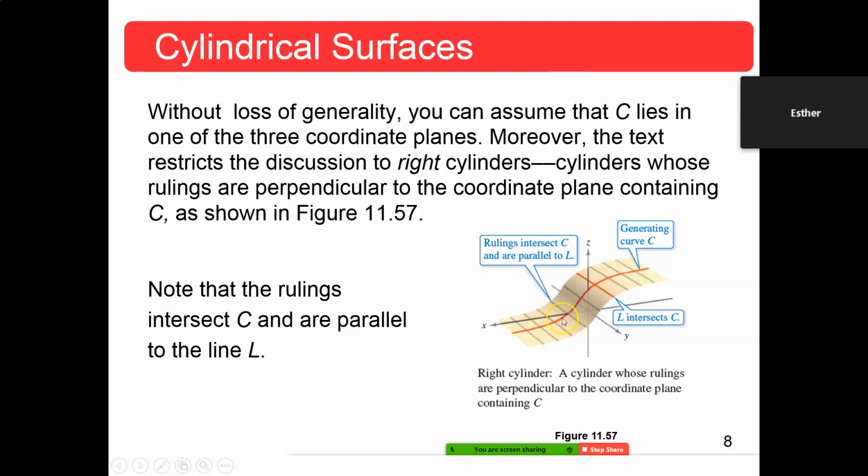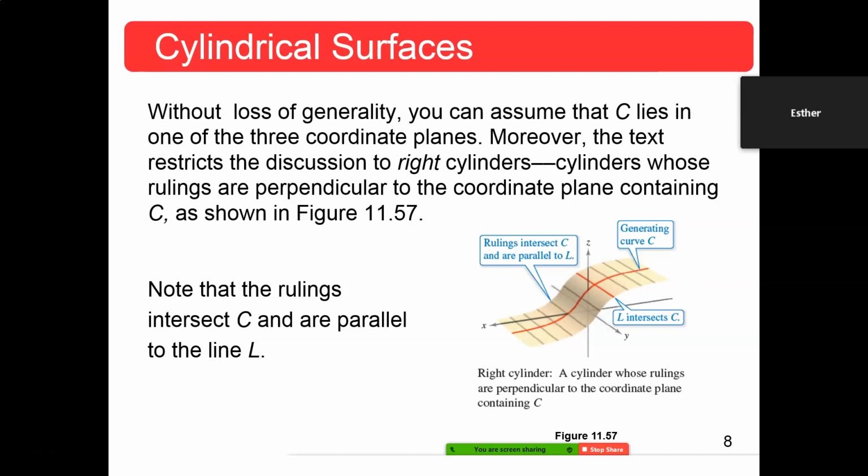The curve is in the XZ plane. You can draw that right along the XZ plane, but your rulings go infinitely parallel to the y-axis in both directions, an infinite number of steps. Now that is a curve. It doesn't say what kind of curve it is, just some type of curve there.